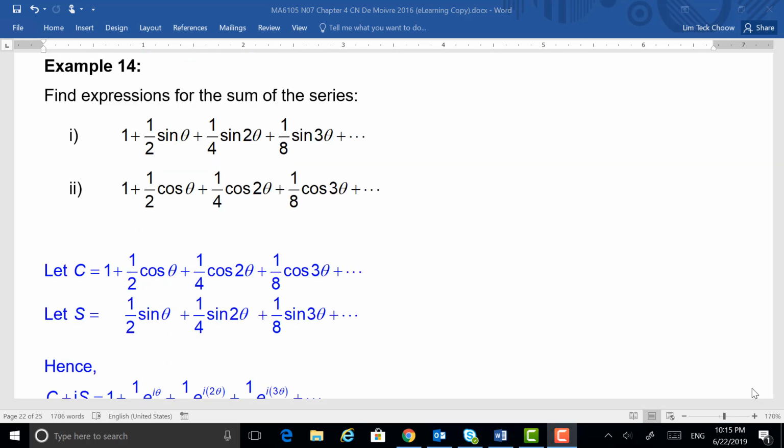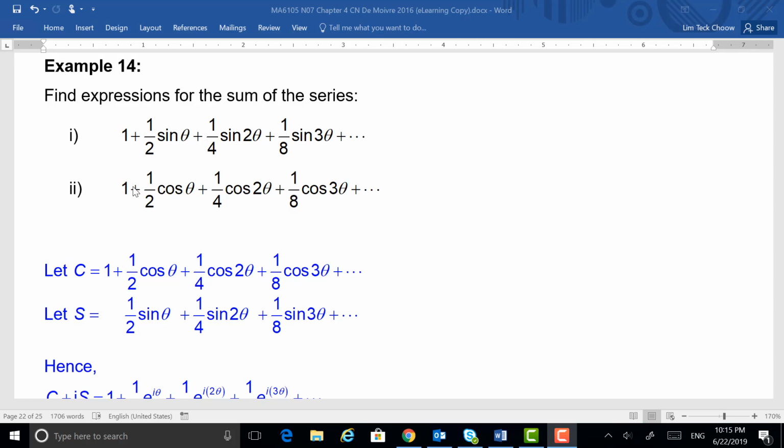Let us now look at example 14. In question 14, we want to actually find the sum of two series. The difference between example 14 and example 13 is that in the case of example 13, you have a finite number of terms.